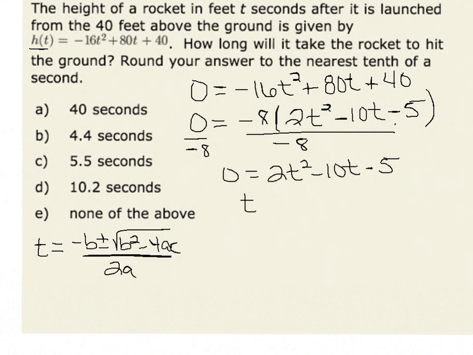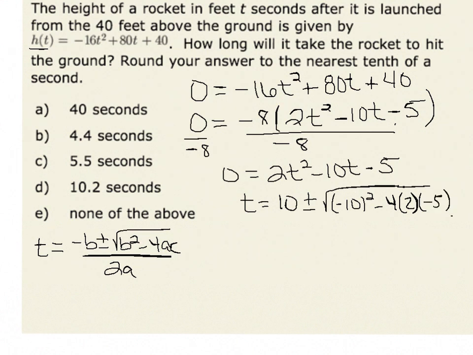In this case, t is equal to the opposite of a negative 10, which is a positive 10, plus or minus the square root of a negative 10 squared minus 4 times a times c, all over 2 times a.